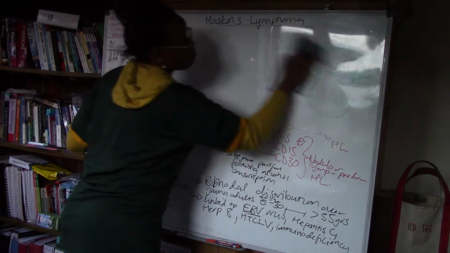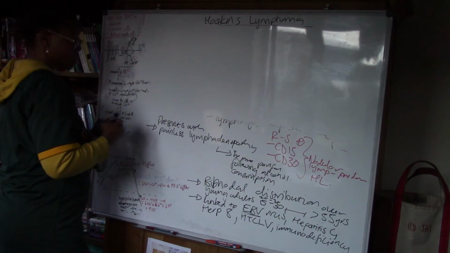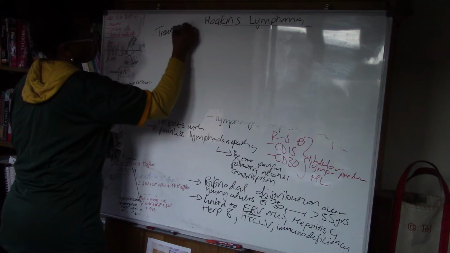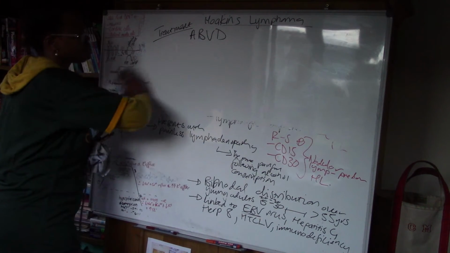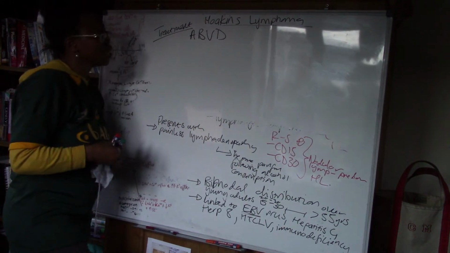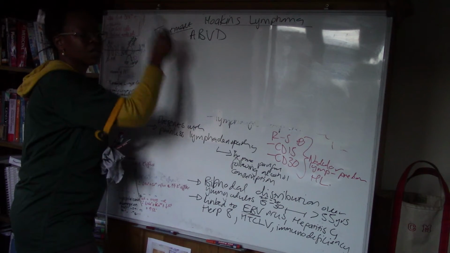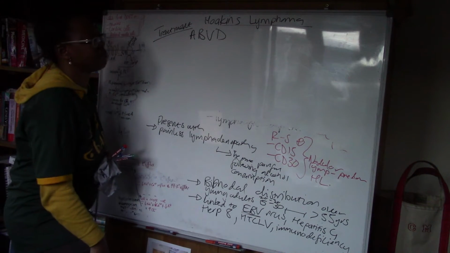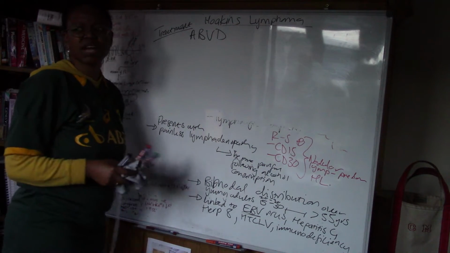Hodgkin's lymphoma is managed with ABVD chemotherapy. So the treatment is usually the ABVD chemotherapy. I'm not going to go through the full names, but that's vinblastine, doxorubicin, bleomycin, and I've forgotten A, but I know it when I say it. I think it's cyclophosphamide.